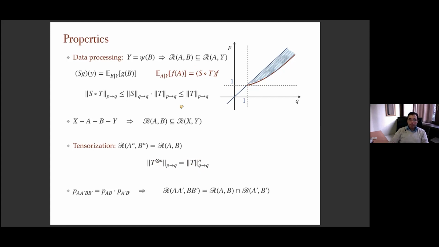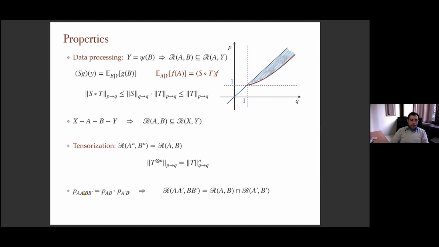Which means that if this guy is at most 1, then this guy is at most 1, right? So that's why the hypercontractivity ribbon between A^n and B^n is the same as the hypercontractivity ribbon between A and B, and that's my tensorization property. This comes exactly because of this multiplicativity property of the operator norm.